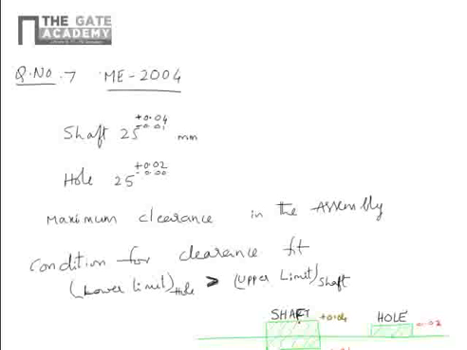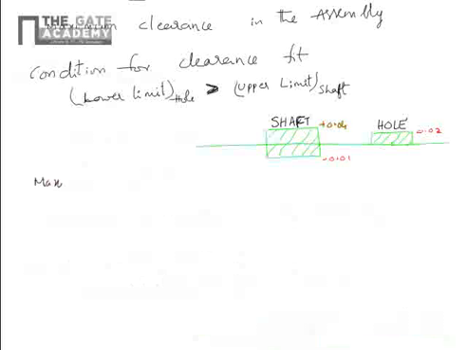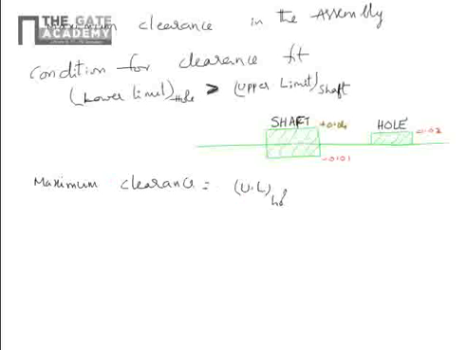So maximum clearance equals upper limit of hole minus lower limit of shaft.